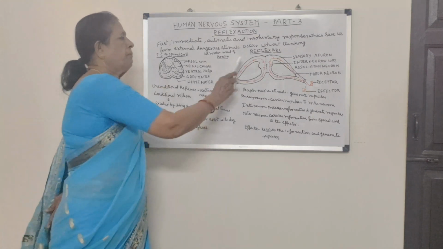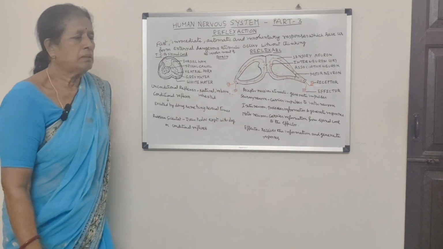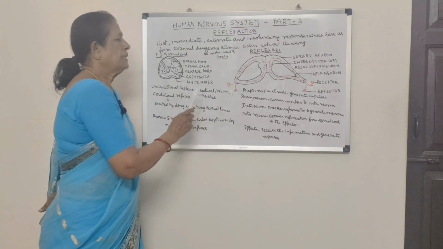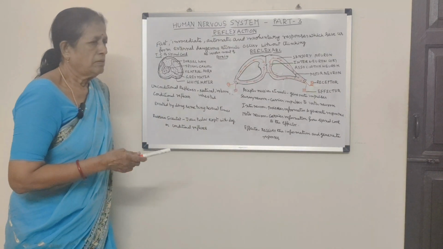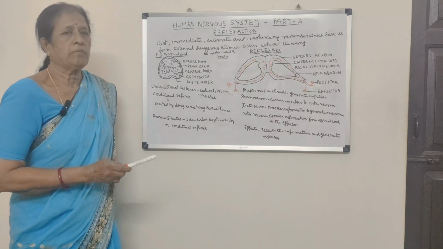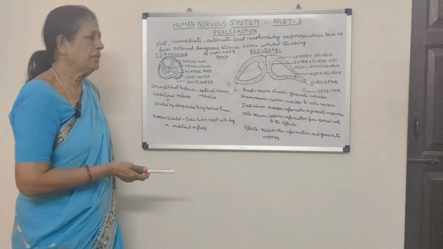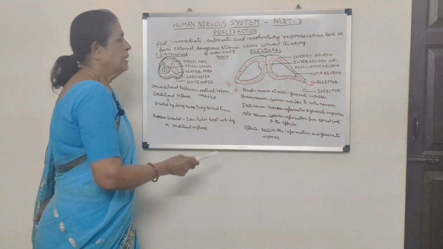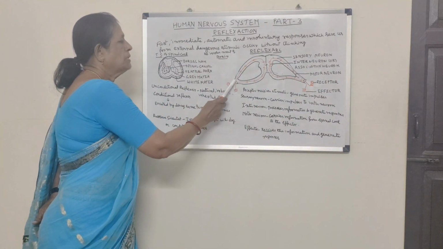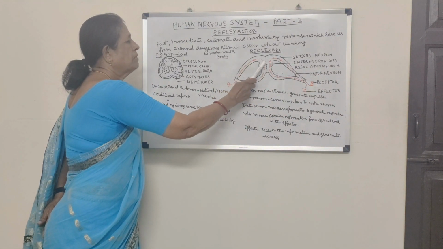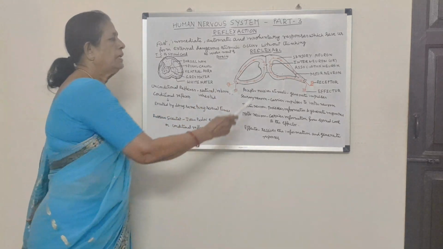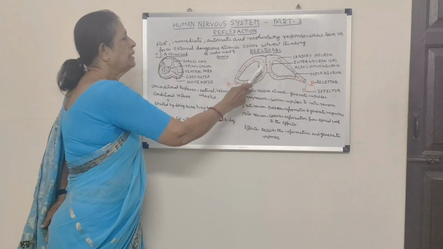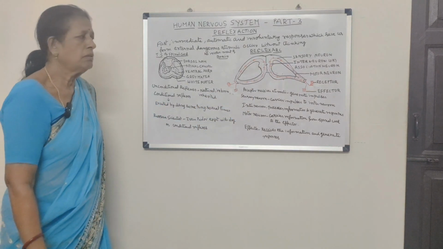And now we shall see how the reflex action takes place. When a person comes in contact with a certain dangerous condition, immediately the receptor will receive the stimulus, and through the sense organ it sends impulses to the spinal cord. In the spinal cord there is an interneuron or association neuron.